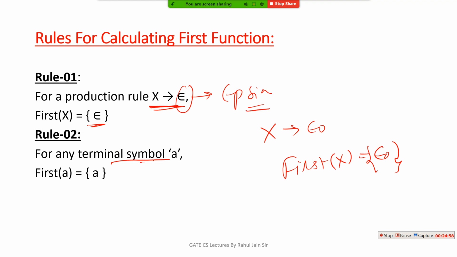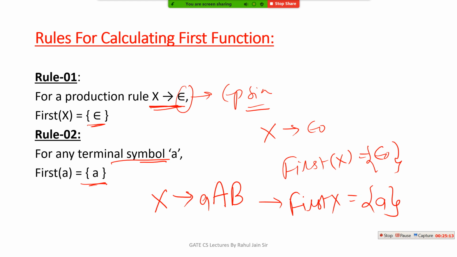Second, for any terminal symbol a, first of a would be a. Like if X derives a b, in this case first of X equals a. This is the second rule.